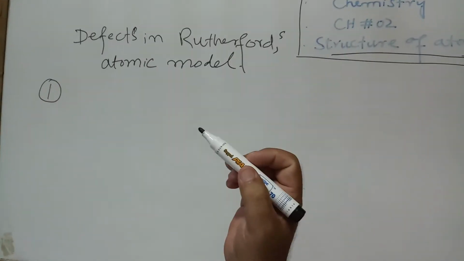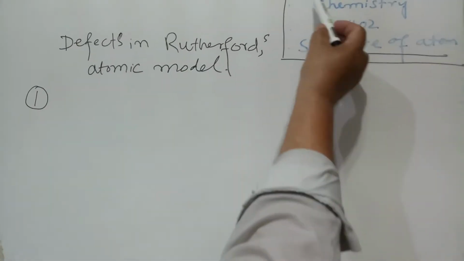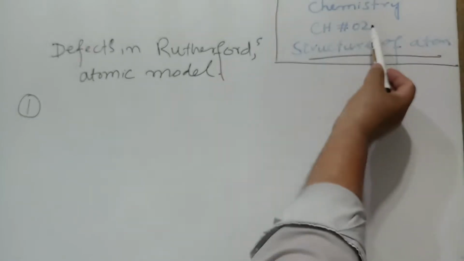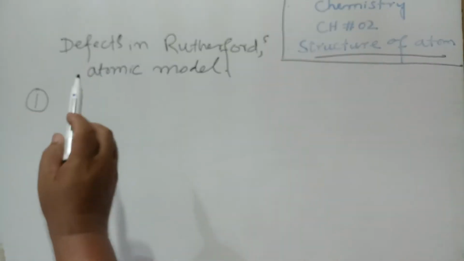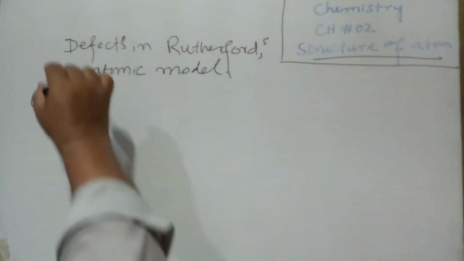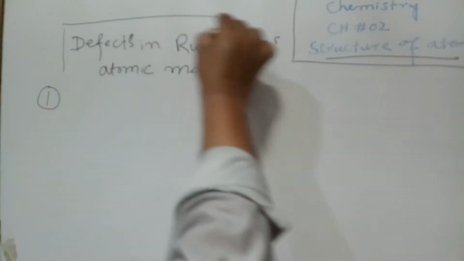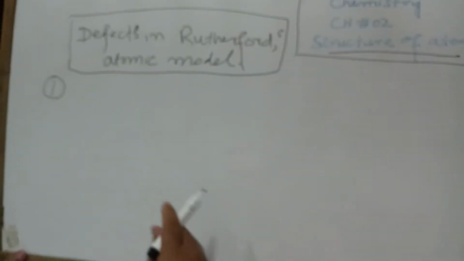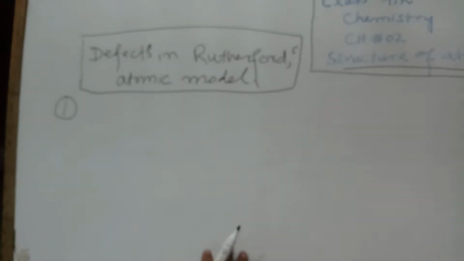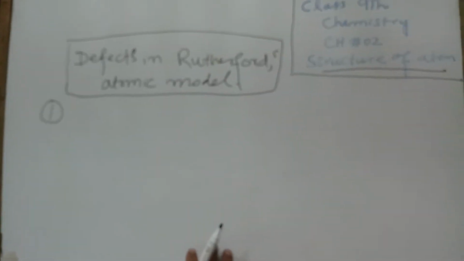Today I am going to discuss a topic of class 9th chemistry chapter number 2, structure of atom. Today the name of my topic is defects in Rutherford's atomic model. We have discussed in our previous video what the Rutherford atomic model is, and how the nucleus was discovered using it.